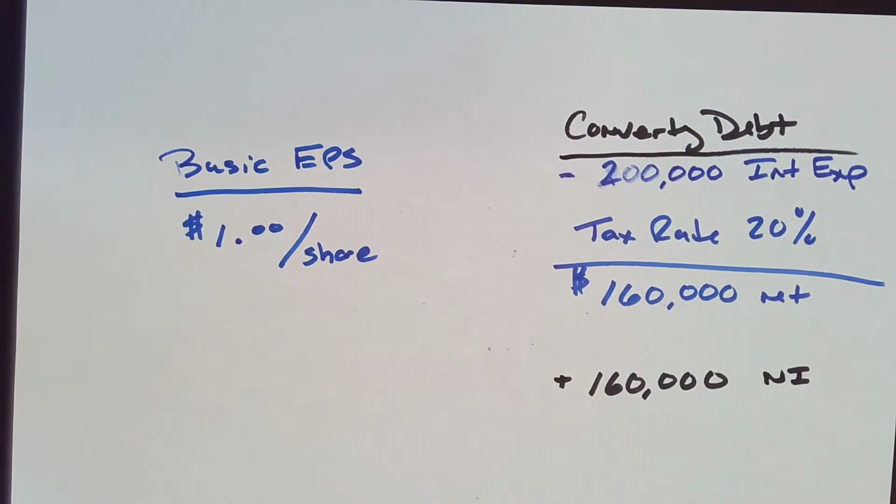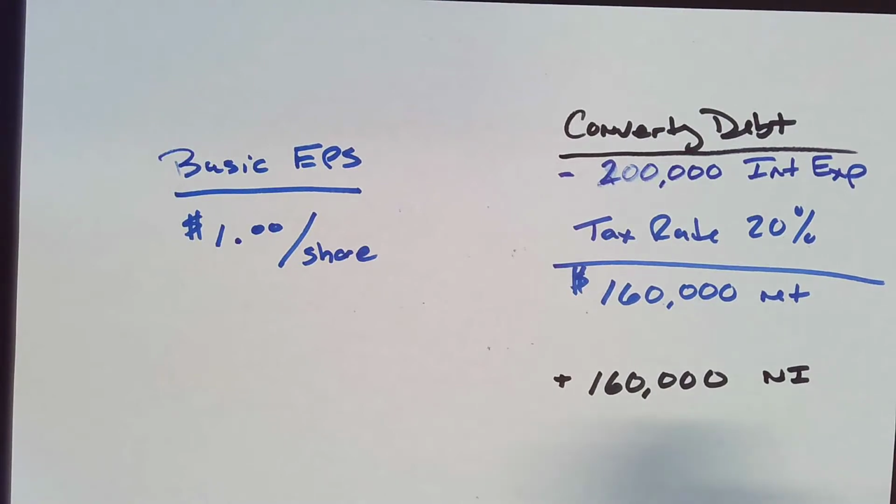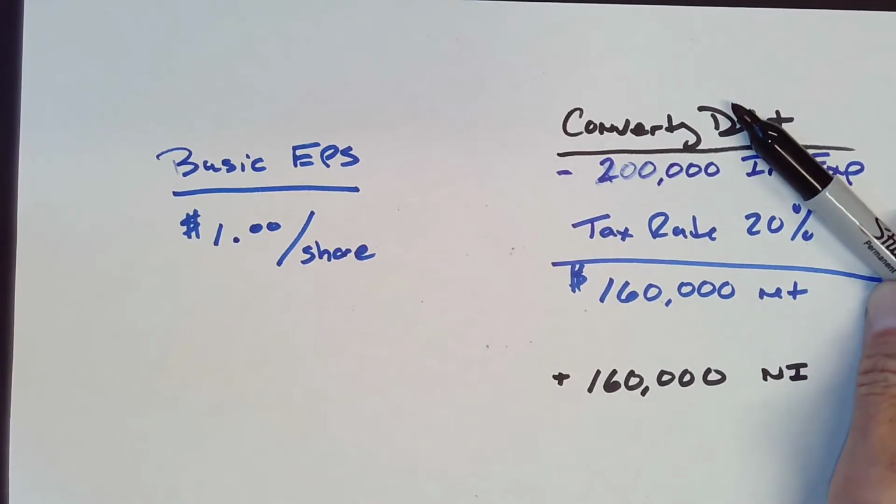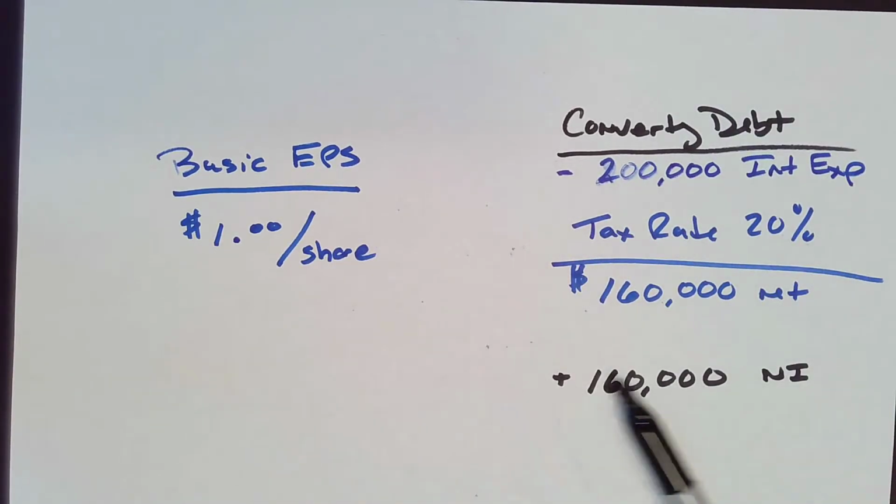The conversion of this particular debt got the individuals 15,000 shares. So we are assuming that it was converted at the beginning of the period, so therefore the 15,000 shares would have been outstanding throughout the entire year.